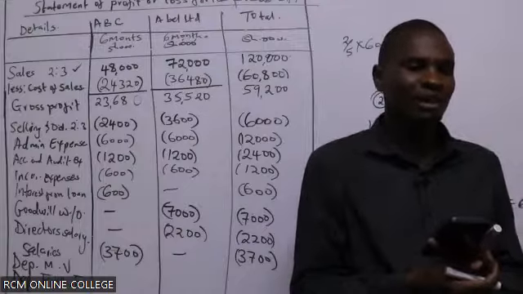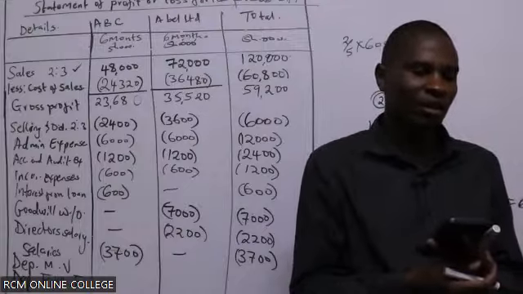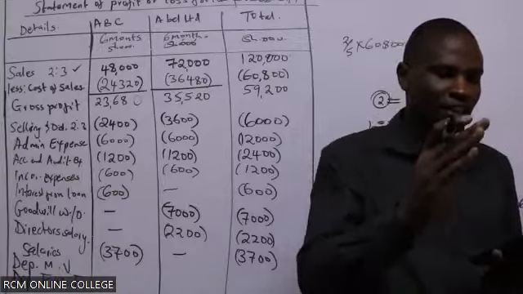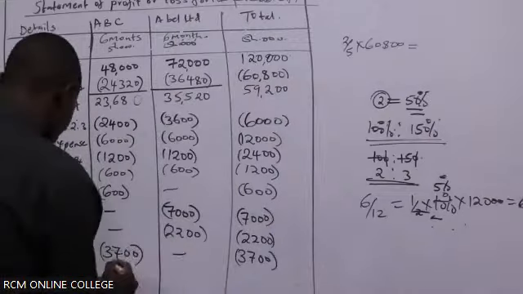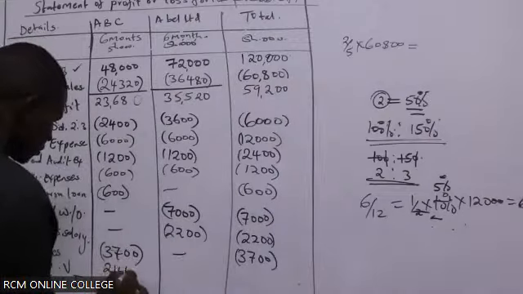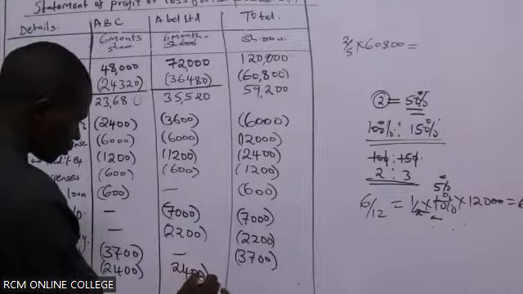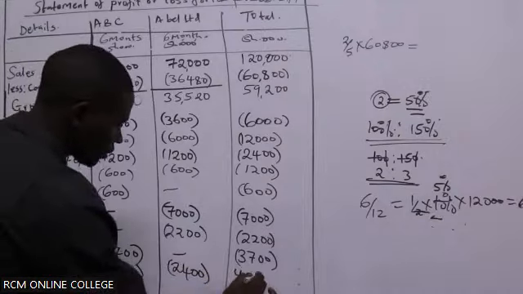Nakumbuka kitu kama 600. Ni gani ilikuwa na 600? Which item? Oh, furniture and fitting, sawa. So 2,400. So this is 4,800.